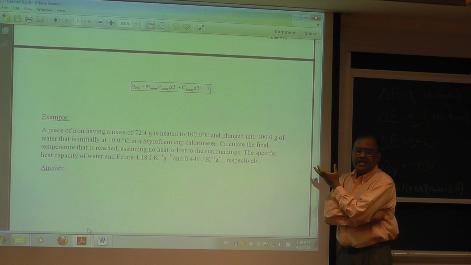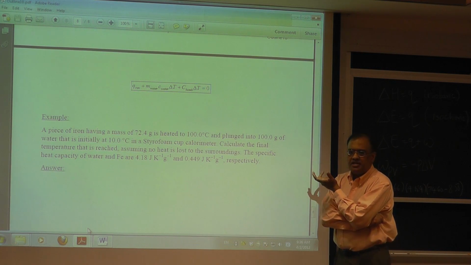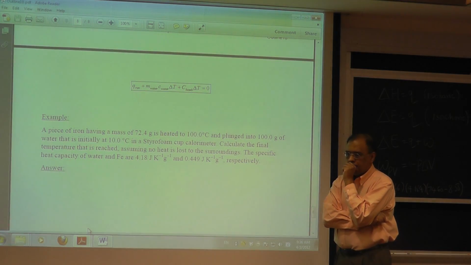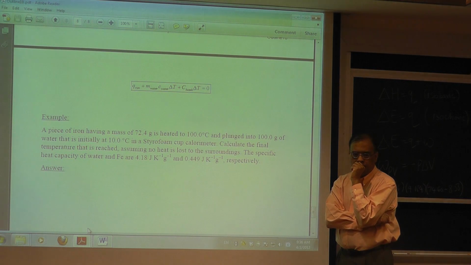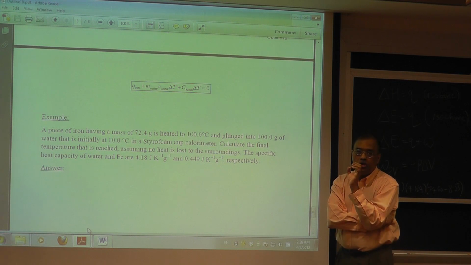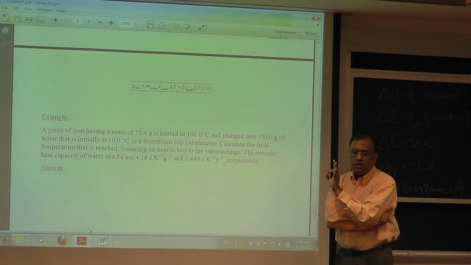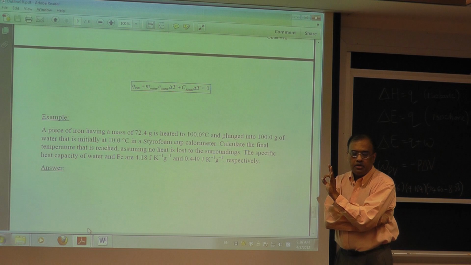So what is Q reaction here? There's no real reaction here. So what really is Q reaction here? Would it be the heat capacity of... But I asked Q. Q cannot be the heat capacity. Q has to be a heat quantity.